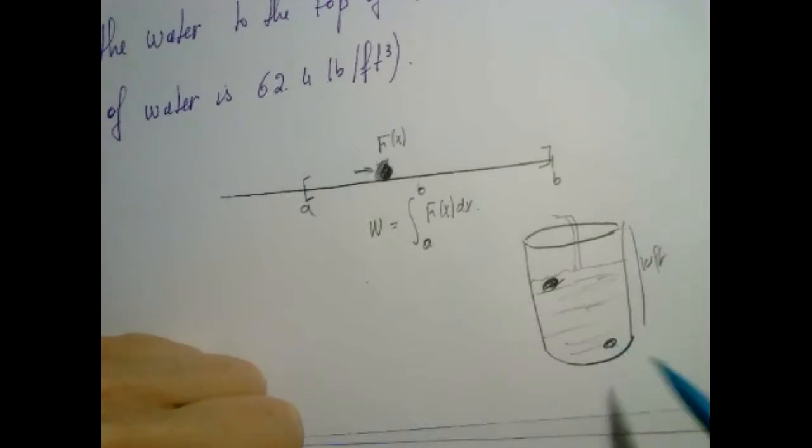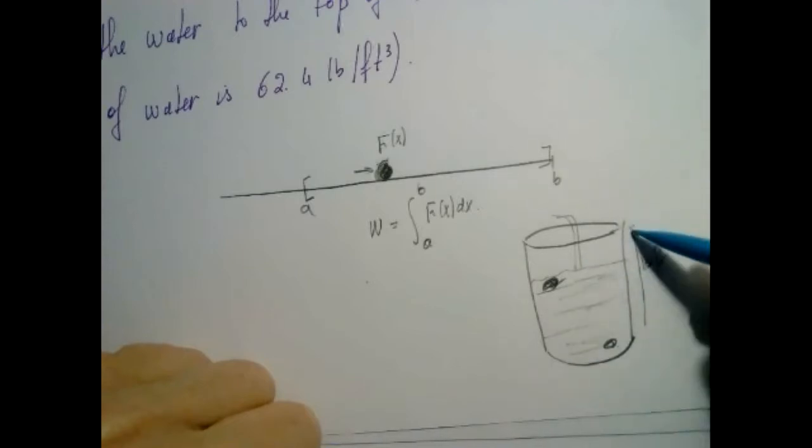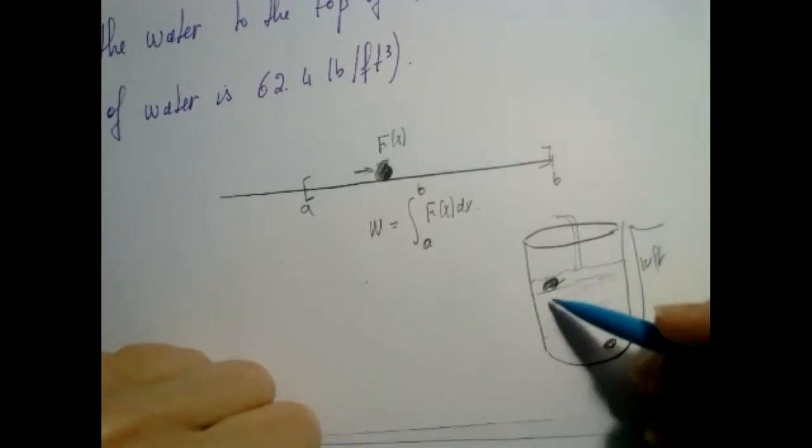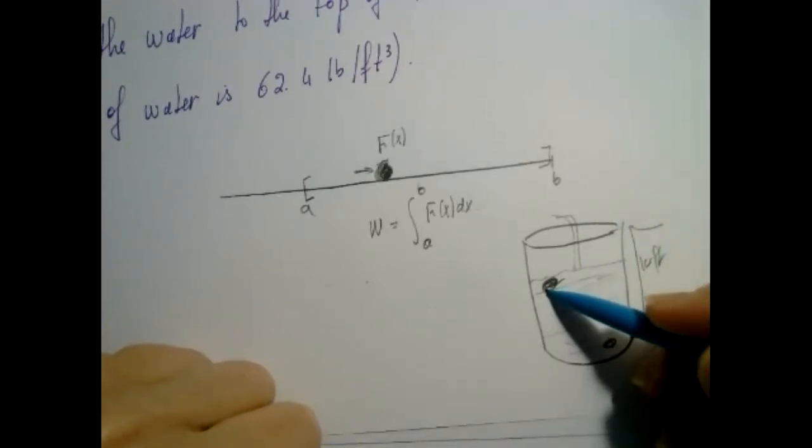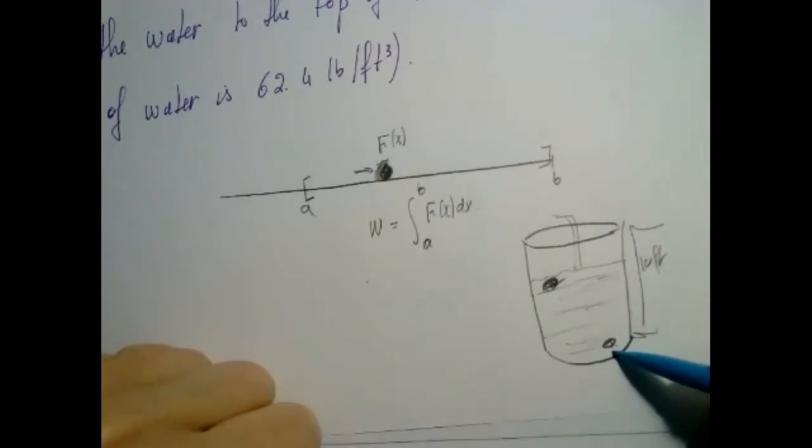Why does the work change? Is it because we're adding height to it? Right, the distance by which it's lifted is very different. Remember, this is 10 feet from the bottom to the top. To lift this drop of water versus lifting this, the work is really different.